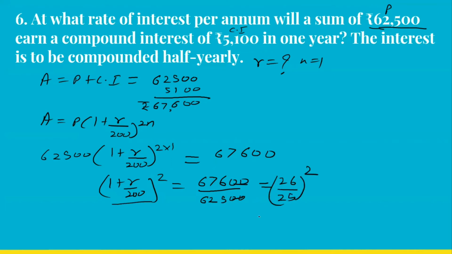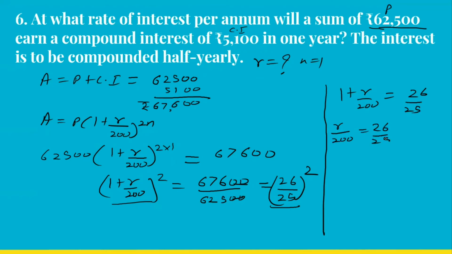Now, the powers are same. We equate the bases. So this is how we get 1 plus R upon 200 is equal to 26 upon 25. Shift this 1 over here, it becomes minus. So R upon 200 is equal to 26 upon 25 minus 1. So LCM is 25.